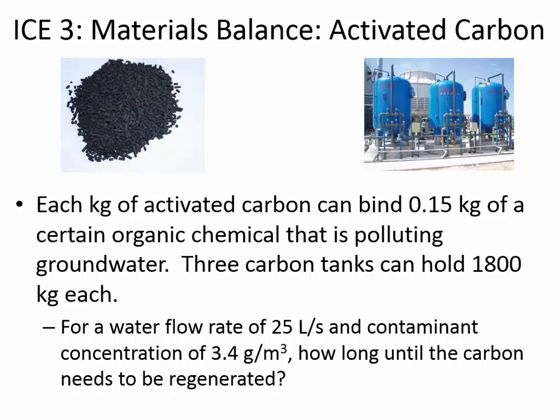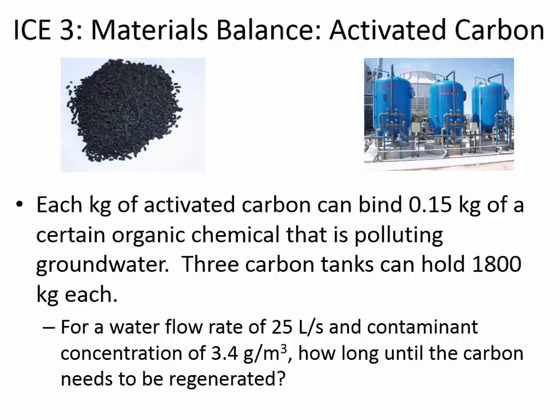Okay, so then the final thing: you know how quickly the pollution is coming in, and you know the total amount it can hold. So this last part asks how many days until the carbon needs to be regenerated or replaced. You can just look at the units.